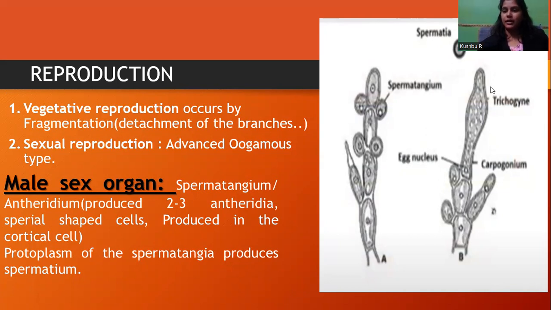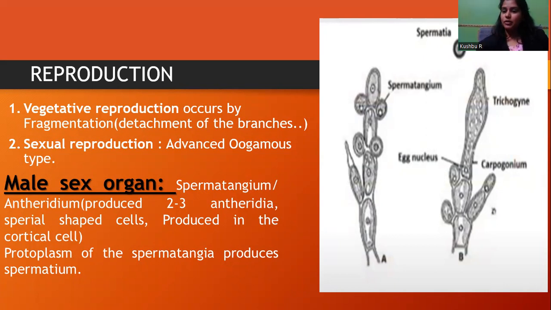carposporangium looks, which is the female gametophyte, which has a place or a habitat for the fertilization to happen. As and when your spermatangium produces 2 to 3 spermatia, or your antheridia, it goes chemotactically and attaches to the female gametophyte.